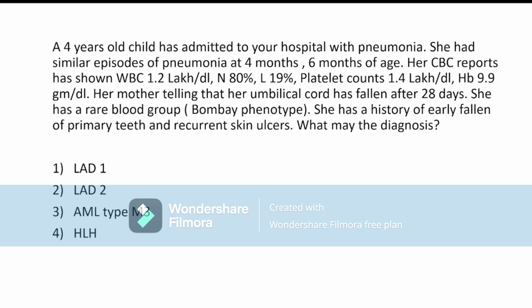In this question, we are seeing that the child is suffering from pneumonia many times. That means the child is suffering from recurrent pneumonia and also recurrent skin ulcer.